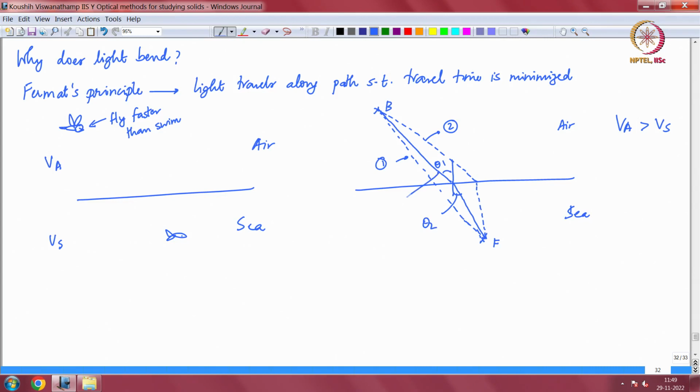And the optimal path, which I am going to call 3, is when sin theta 1 by V air is sin theta 2 by V s. If I multiplied and divided this by some constant, let us say speed of bird in vacuum or something, then I would get the expression that corresponds to Snell's law.